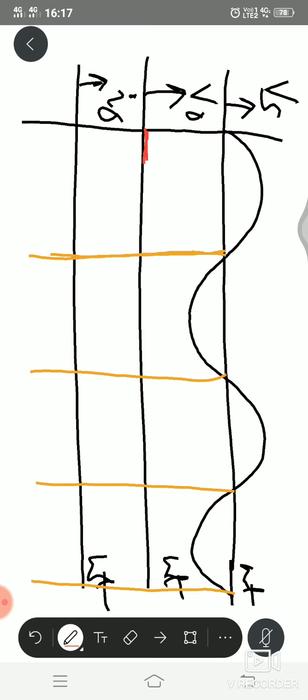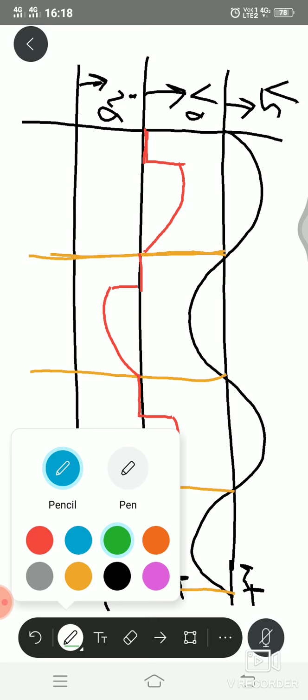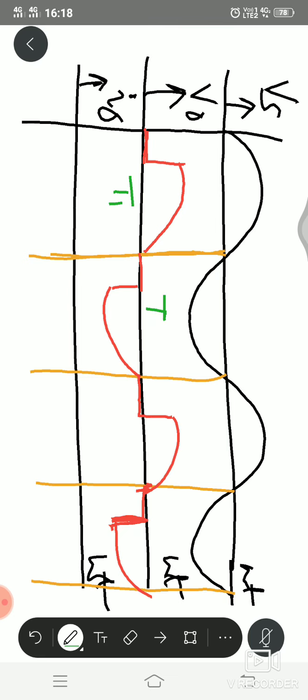Let us assume that T1 is getting fired over here and T2 is getting fired at this point. So I can show like this: T1, T2, T1, T2.